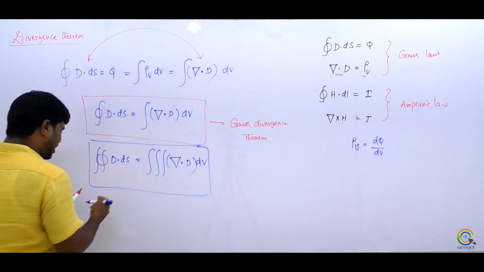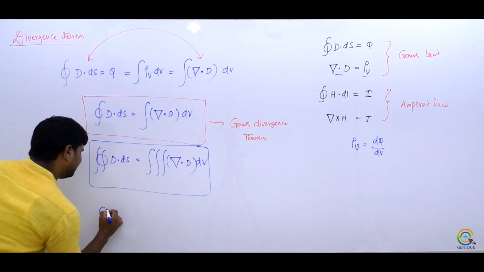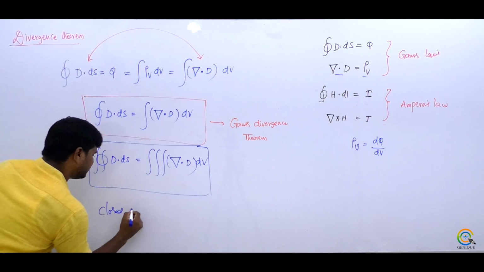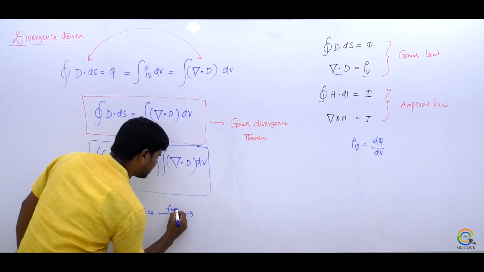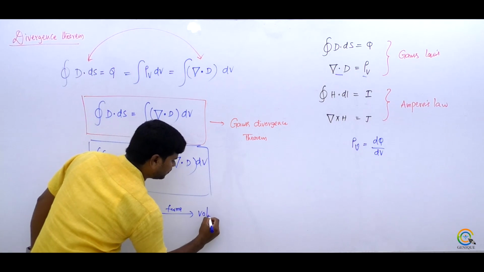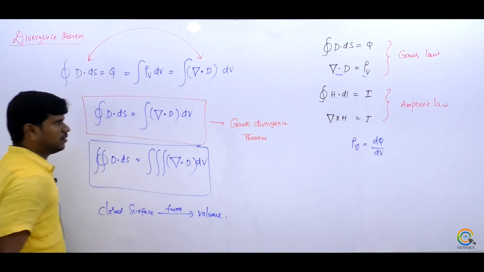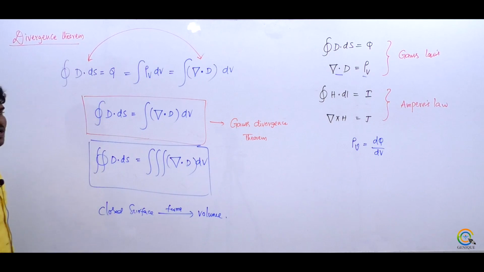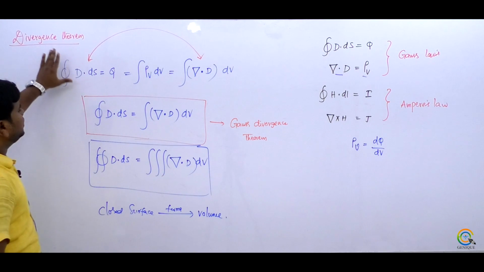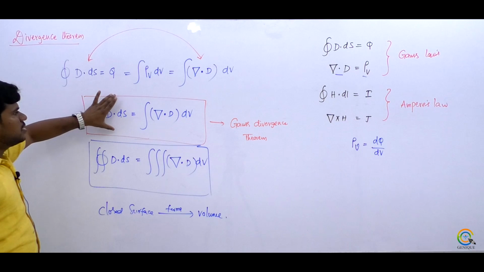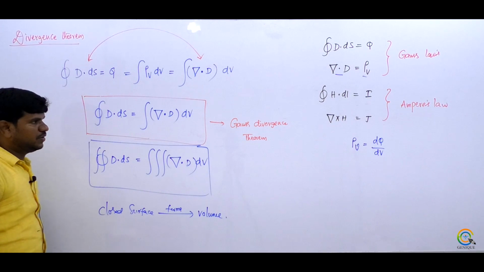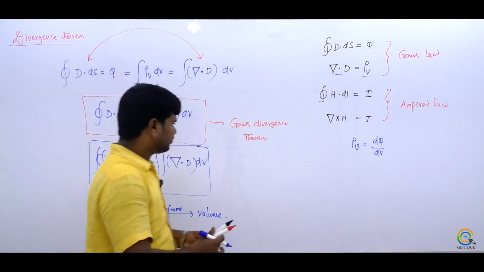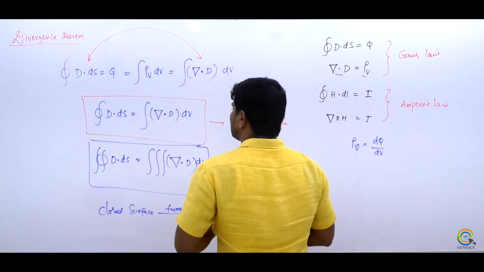From the above, we can write: the closed surface can form volume. So what is the divergence theorem? The divergence theorem relates the closed surface integral to the volume integral. Similarly, now come to the Stokes theorem.